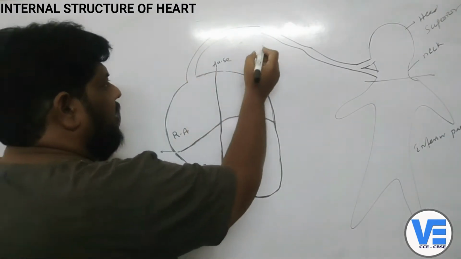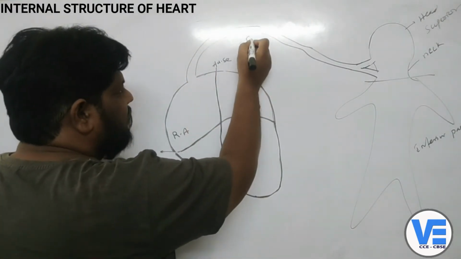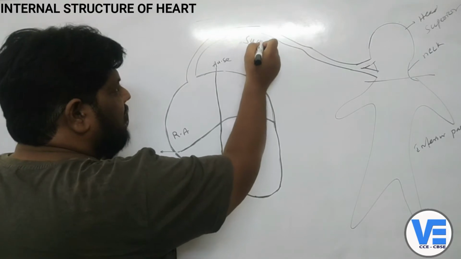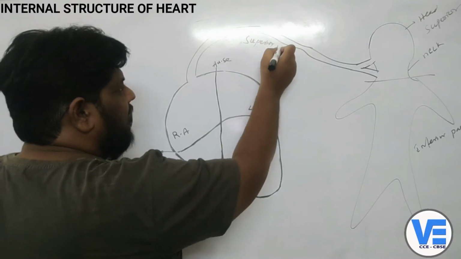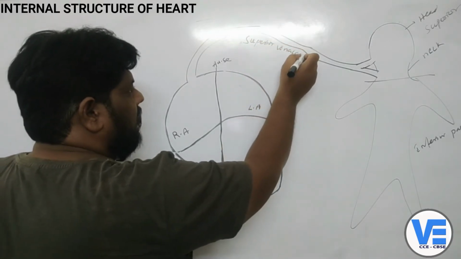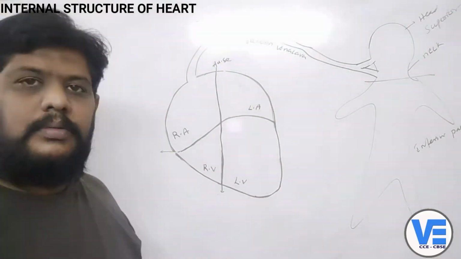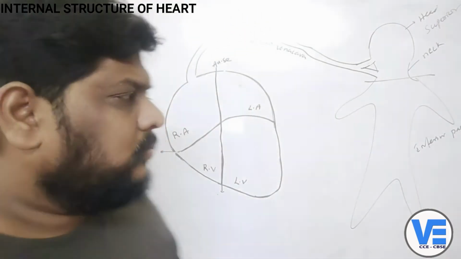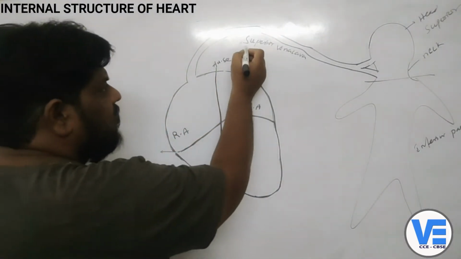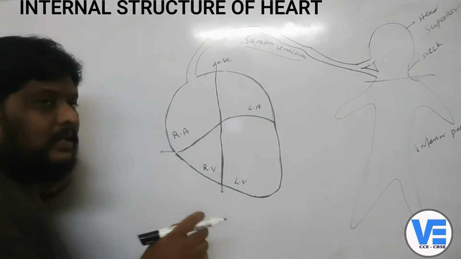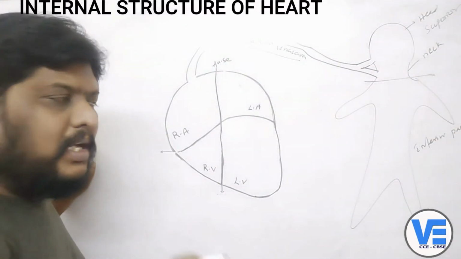This is called the superior vena cava. So this is the superior vena cava, right? This is a large vein present in our body.